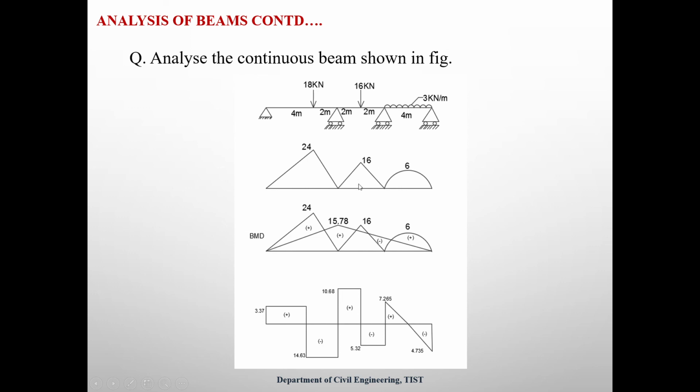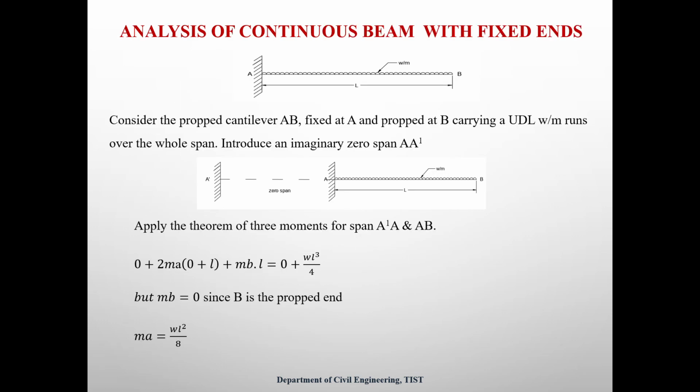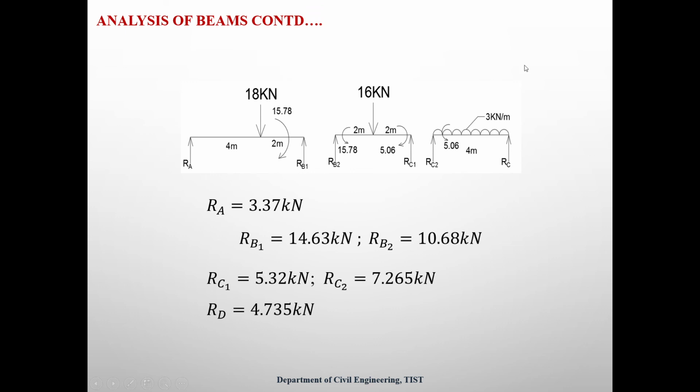Combine this free bending moment diagram and the fixed bending moment diagram in order to get the combined bending moment diagram. Then draw the shear force diagram. When we draw the shear force diagram, consider the support reactions RA, RB1, RB2, RC1, RC2 and RD.